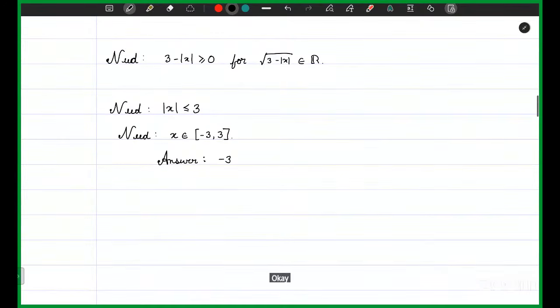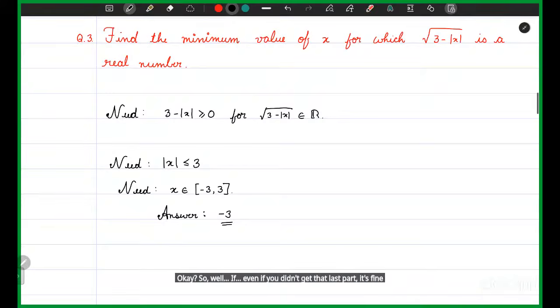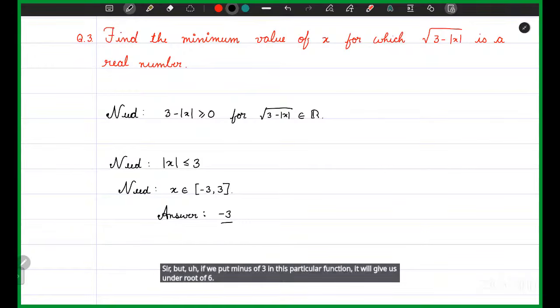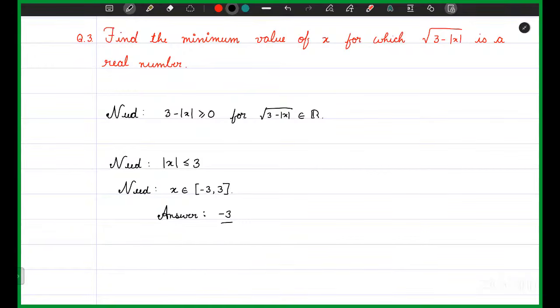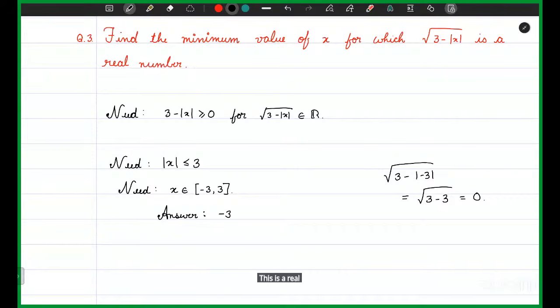Sir, if we put minus 3 in this particular function, it will give us under root of 6. No, it will give you 0, right? What is modulus of minus 3? It is 3. Mod will always give a positive value.